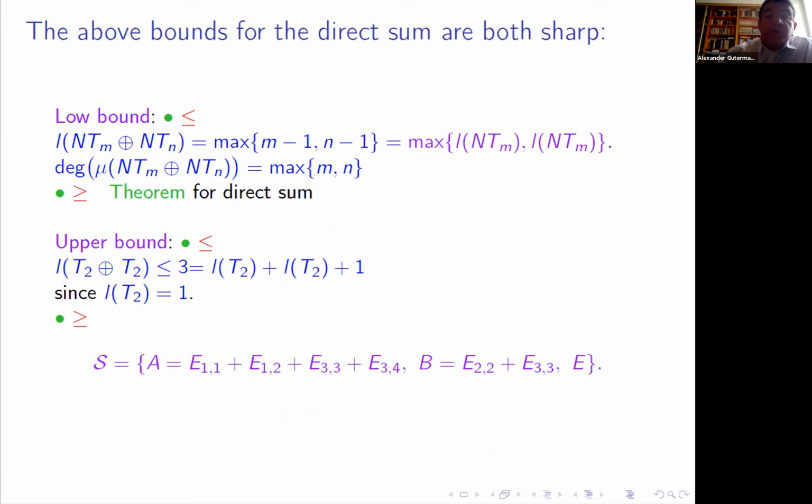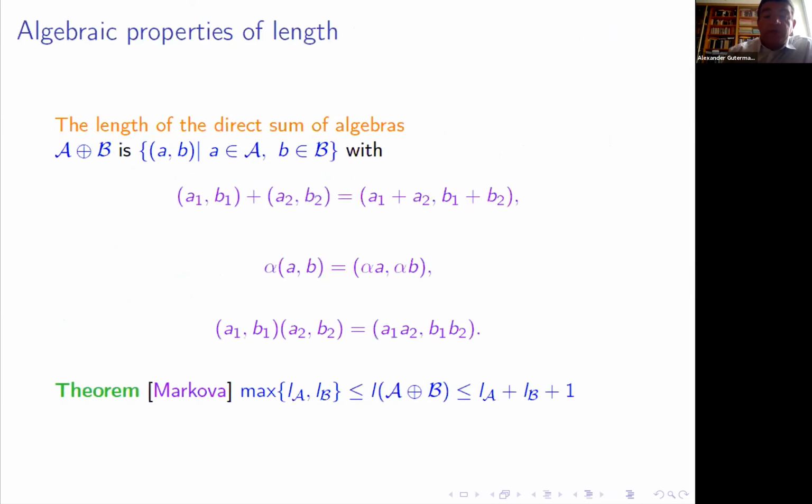And when we consider the sum of two nil-triangular matrices, we can achieve the lower bound in this inequality for direct sum. And when we consider this particular algebra, the sum of two triangular matrix algebras of size 2, we obtain the upper bound. So the inequality here is the best possible.